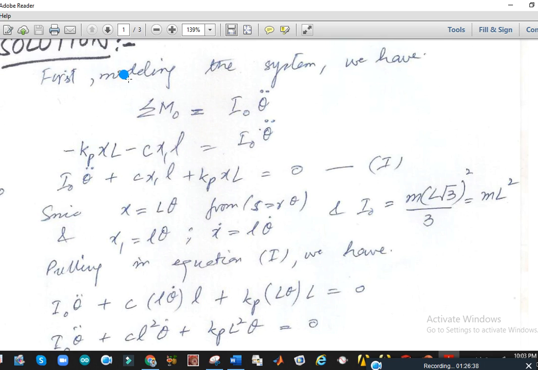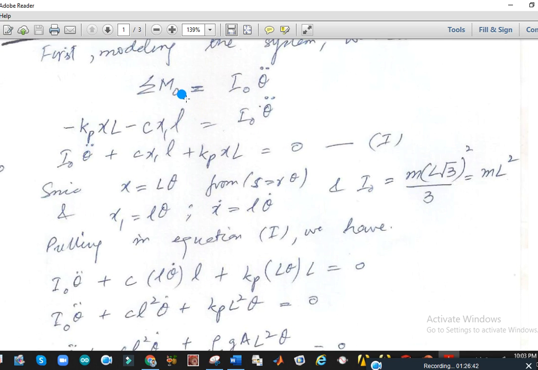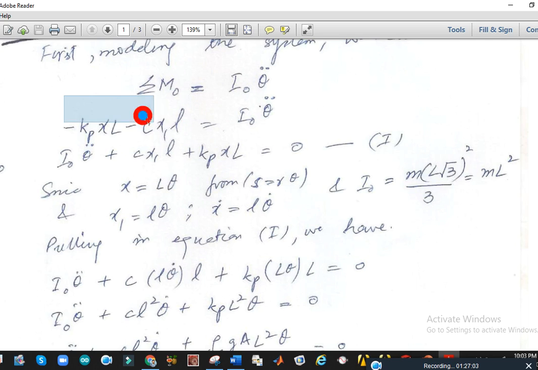So here you can see, first modeling the system we have summation M naught is equal to I theta double dot, which is the sum of all moments about the pivot point, the product of inertia into the angular acceleration. This is equal to the sum of restoring forces.